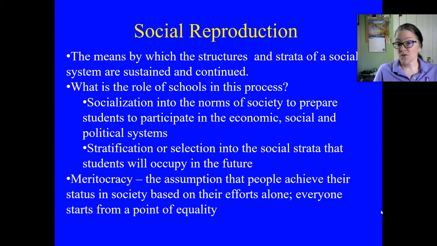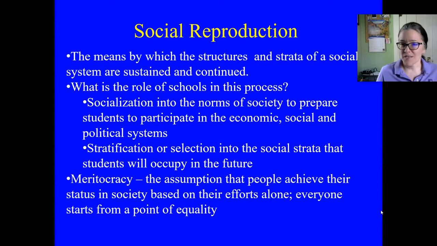So social reproduction, again, a neutral term. You hear more of the conflict theorists using this, but I was just reminded today that Robert Putnam, who straddles between functionalism and maybe conflict theory a little bit, recognizes that there are dysfunctions in society, let's put it that way.